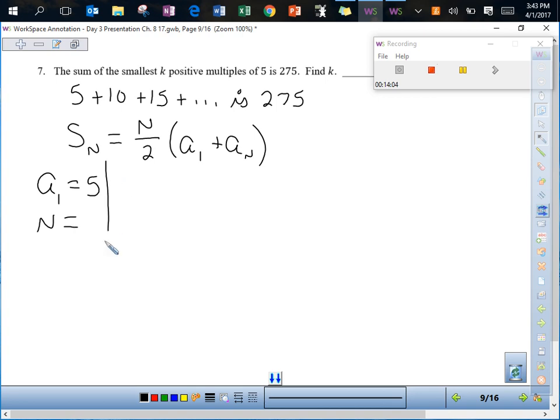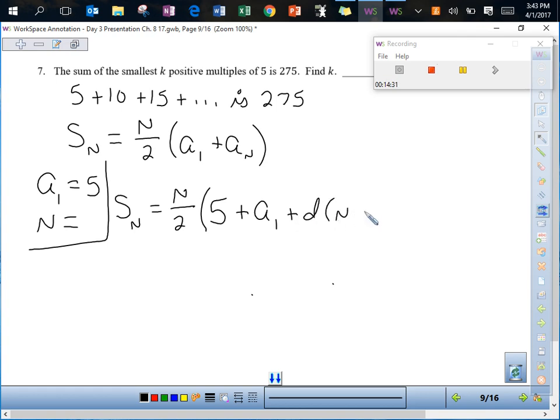I'm going to still use this formula that says S sub n equals n over 2. I do know a sub 1 though. That's going to be 5. I'm going to look at my note card. A sub n doesn't help me right now, but I have a definition of a sub n which says it's a sub 1 plus d times n minus 1.